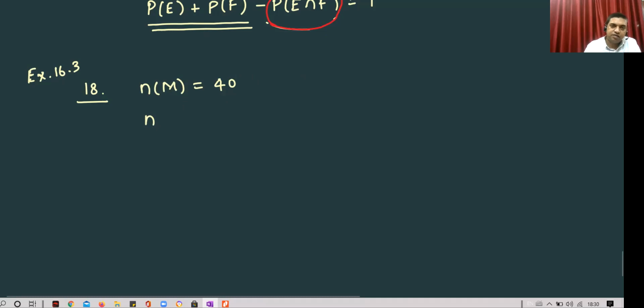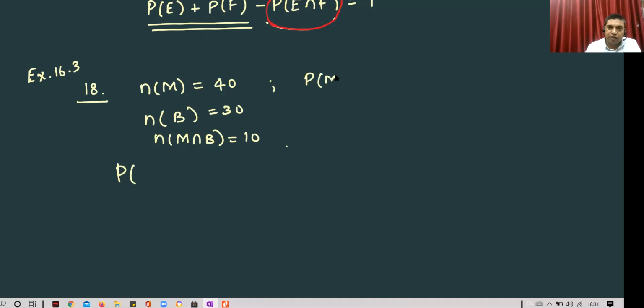Then n of b is 30. n of m intersection b is 10. If a student is selected at random, find the probability that he will be studying mathematics or biology. Probability of m is 40%, which is 0.4.